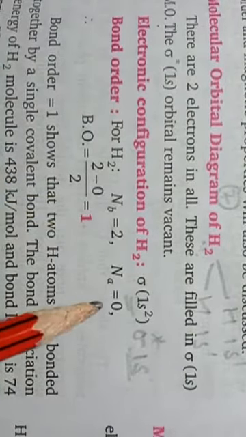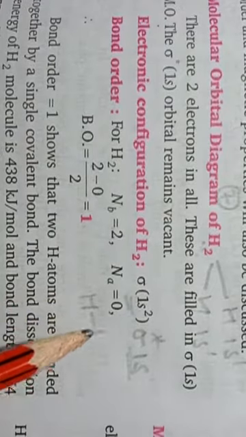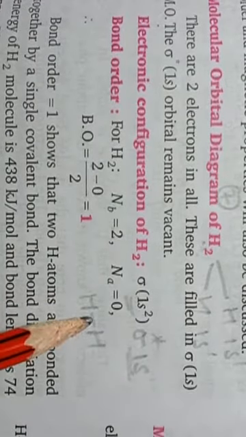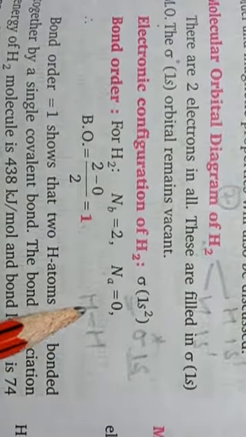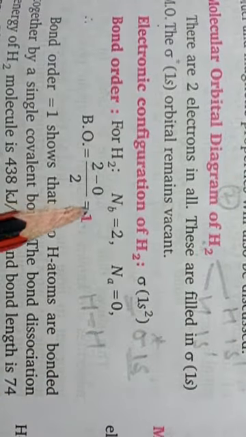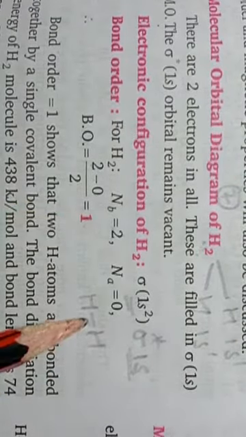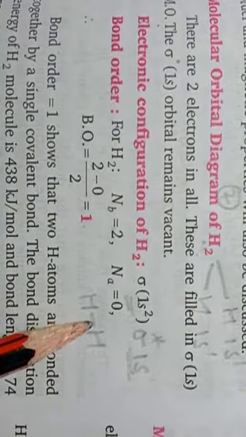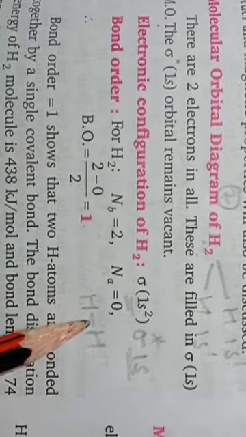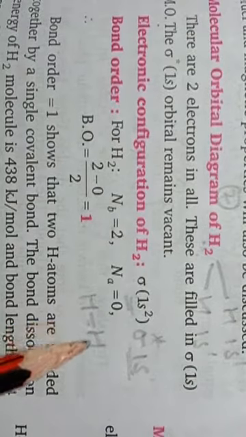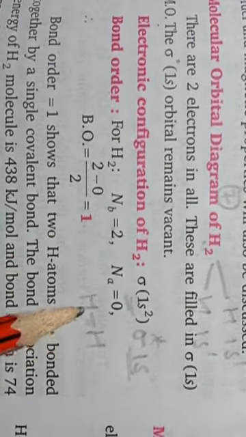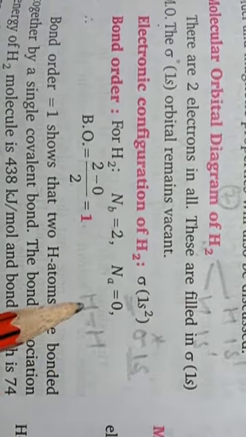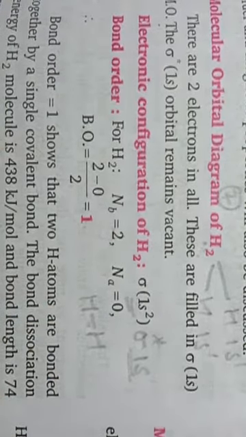We all know that hydrogen has a single covalent bond. This bond order indicates the covalent bond character present in the hydrogen molecule. So this 1 means one covalent bond will be there in the hydrogen molecule and it will be a stable molecule.